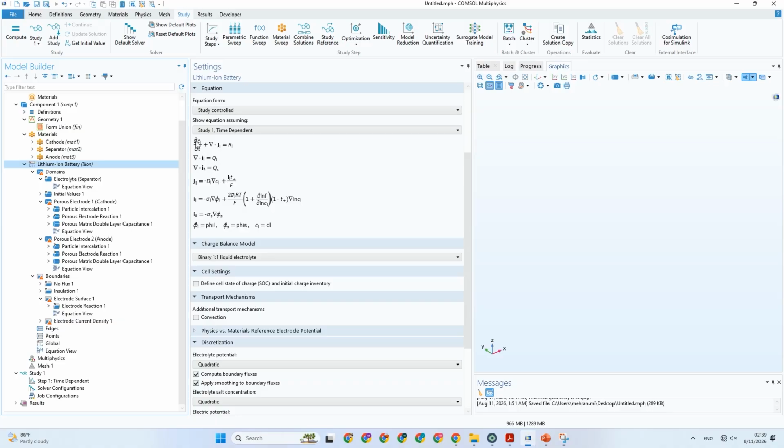But we can also write c for cS. It means for the solid phase also, cathode and anode.